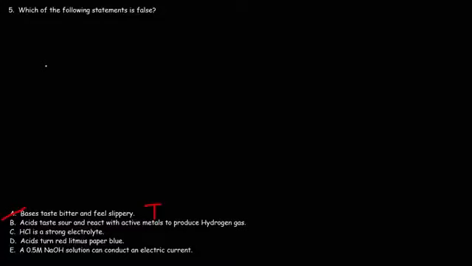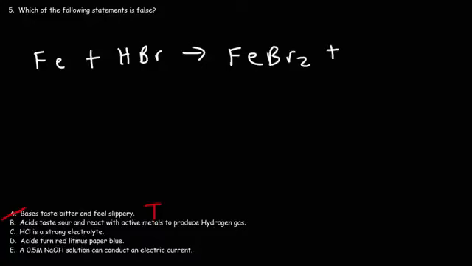So if we were to take an active metal like iron, and if we were to react this with hydrobromic acid, this would form FeBr2 plus hydrogen gas. The hydrogen gas will escape the solution. So active metals like zinc, iron, aluminum, they can react with strong acids to produce hydrogen gas. So B is a true statement.